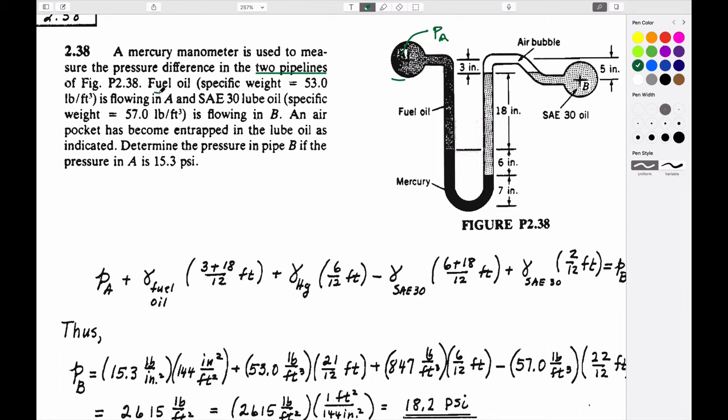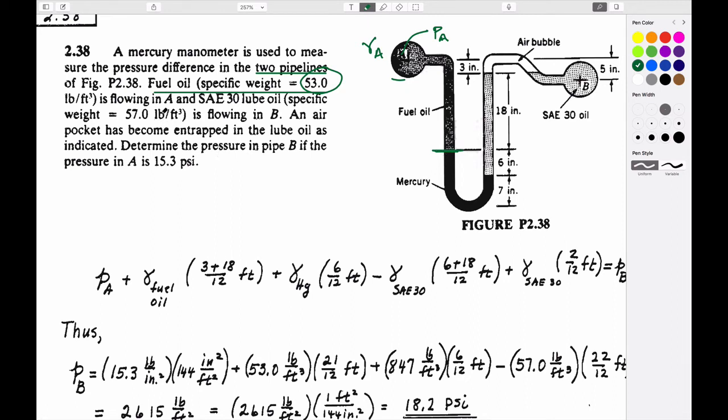There's fuel oil with a specific weight of 53 pounds per cubic feet. Water is what, 64 something? So it's less dense than water. So this has unit weight A, which is this, and it fills a portion of the manometer, but stops here.